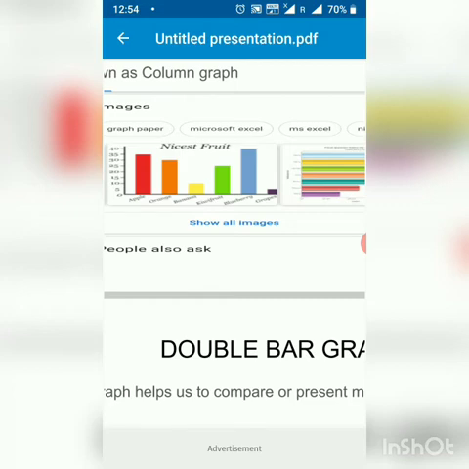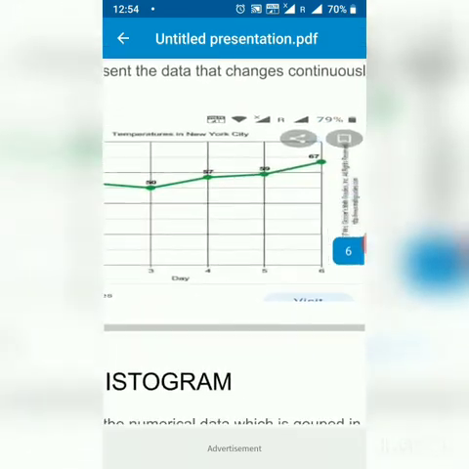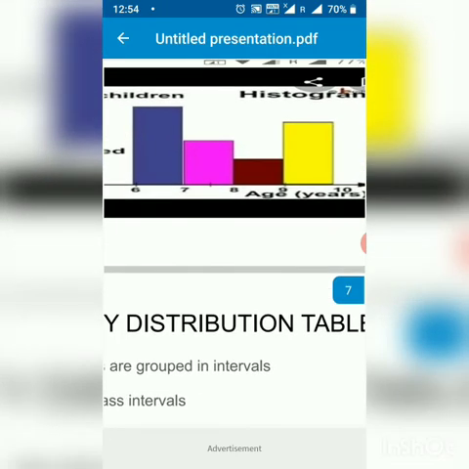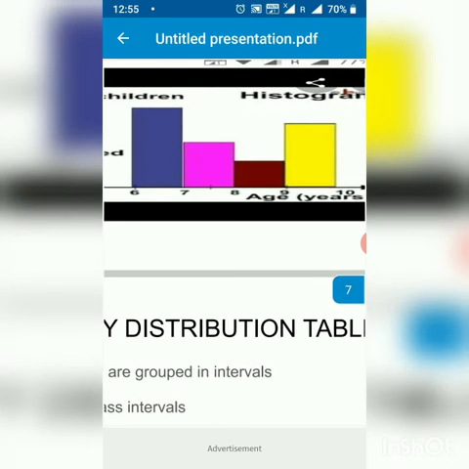But in the histogram, there is no gap between the class intervals. 6 to 7 is represented in one box or one column. There is no gap because in the class interval 7 to 8, 7 is also included. That is why there is no gap between the bars. Got it? This is the difference between histogram and bar graph.